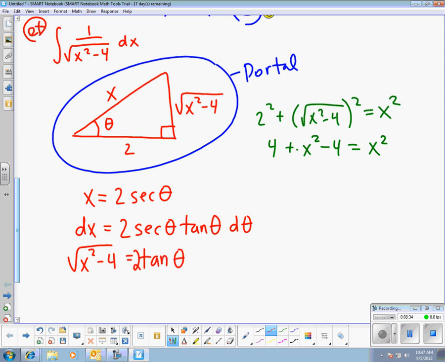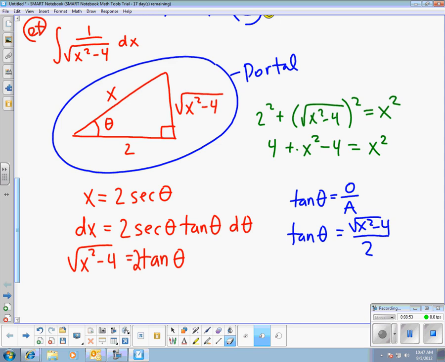The tangent of theta would be opposite over adjacent, and my opposite is the square root and my adjacent is 2. Multiply both sides by 2, and you get that the square root is equal to 2 tan theta. So what you're doing here is coming up with a list of items that you can use to transform out of x land into theta land.